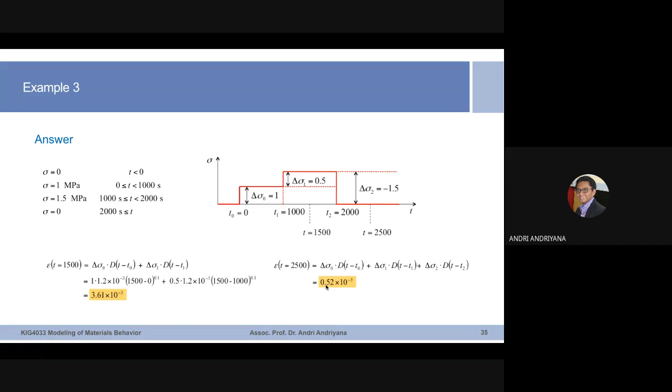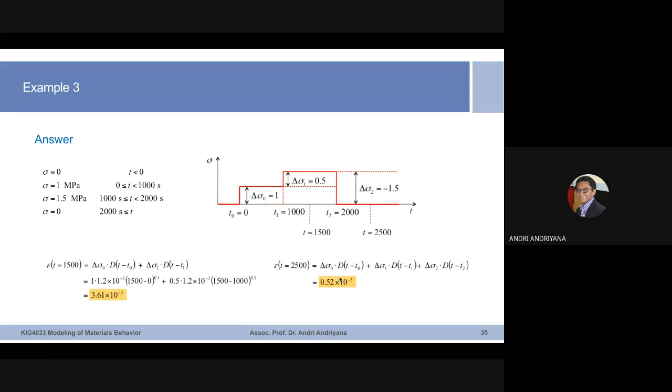As you can see here, the stress is removed at 2000 seconds. When we investigate 500 seconds later, at 2500 seconds, the strain is still not 0 yet. So after 500 seconds, after the stress is removed, the strain is not 0 yet. It takes some time, and you need to wait even longer for the strain to equal 0.